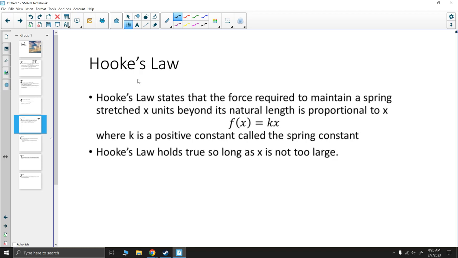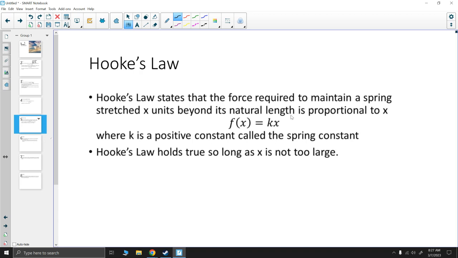It depends on your spring, so the constant is different for different springs. Hooke's law holds true as long as you don't stretch x too far, which is relative to the spring you're dealing with, but as long as you don't stretch it too far, it works out just fine.